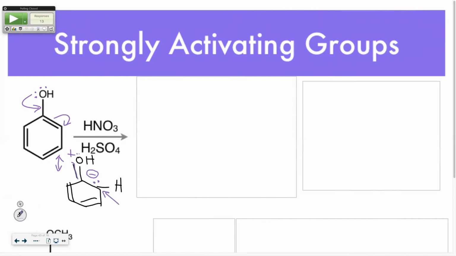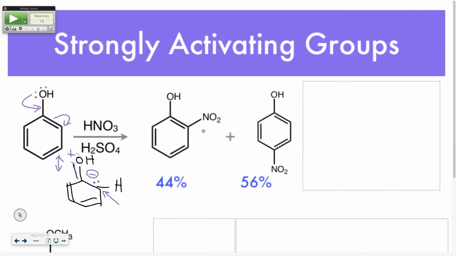Remember, resonance is a stronger effect than through the bonds. What is that called? Hyperconjugation and induction. Okay. So get rid of that. So here are our ortho and para.